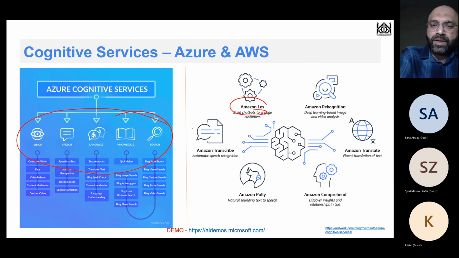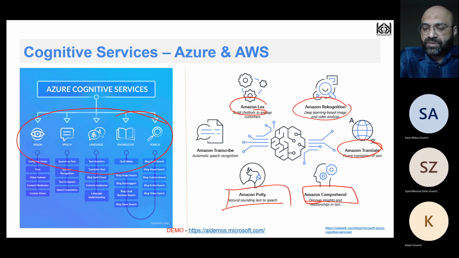Amazon calls the chatbot capability Lex. The deep learning for video and image analysis, Amazon calls Rekognition, Translate, Comprehend. Okay, Amazon Polly, that's the natural sound text to speech, mostly used in Alexa appliances.